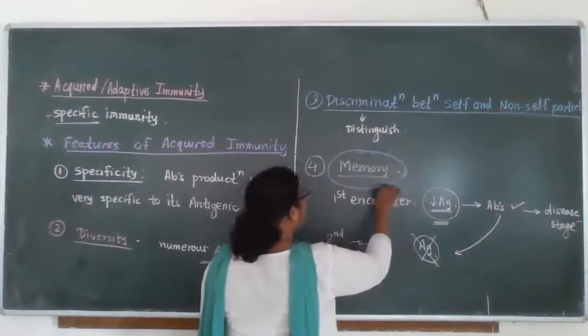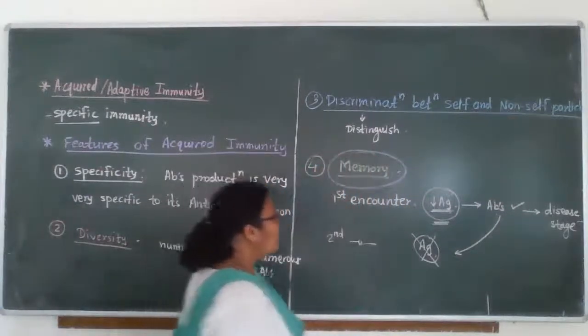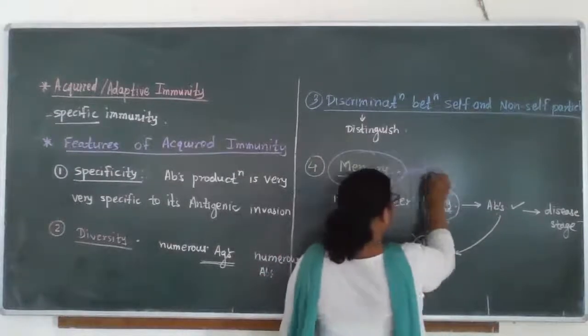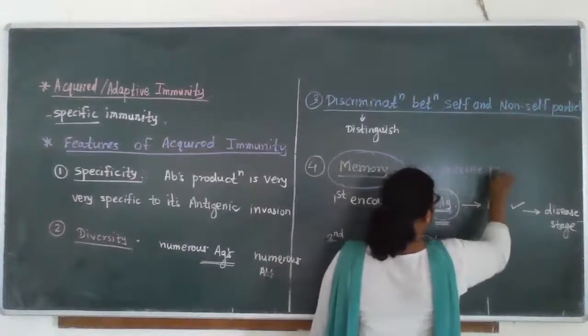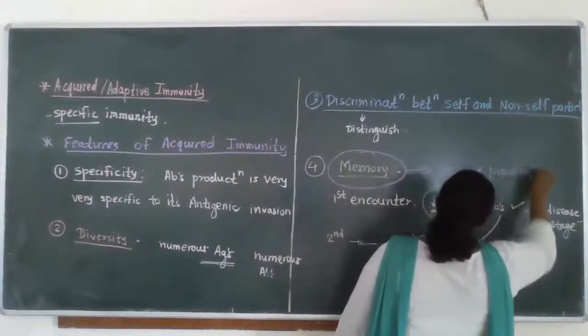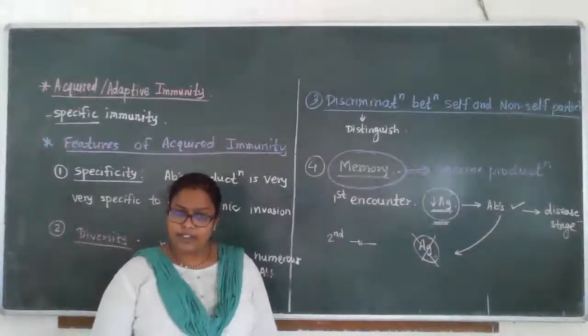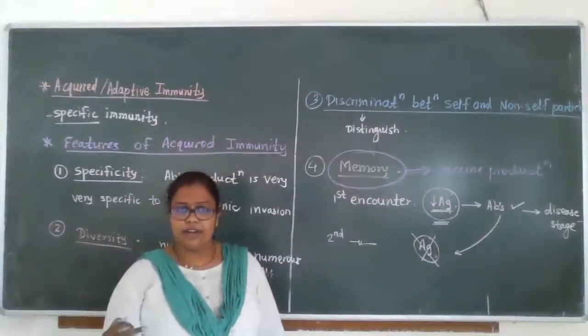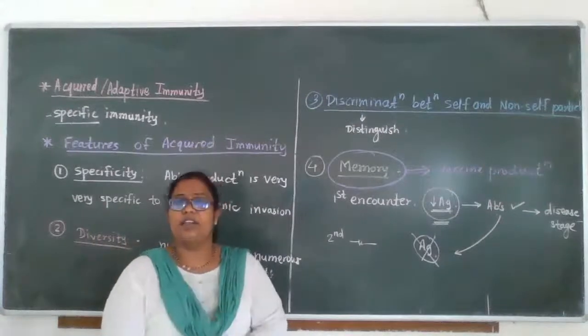And nowadays we are using this feature of acquired immunity for vaccine production. This is very important for vaccine production. During vaccine production, what we are doing is forcefully entering the antigen.